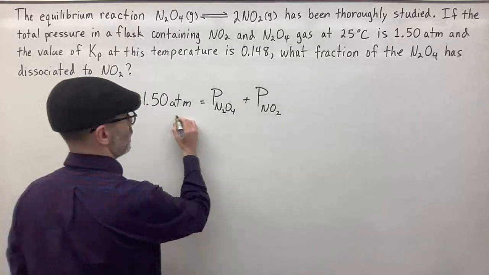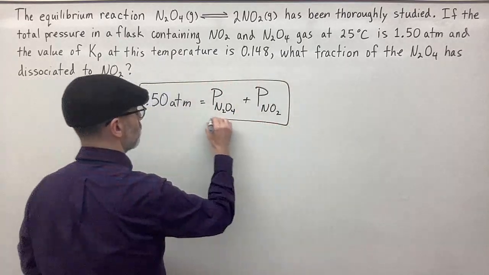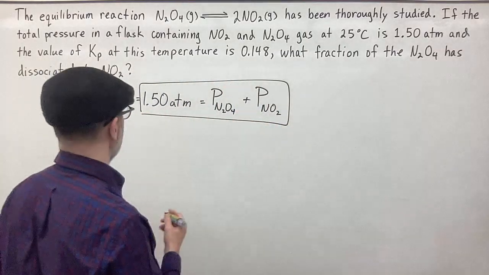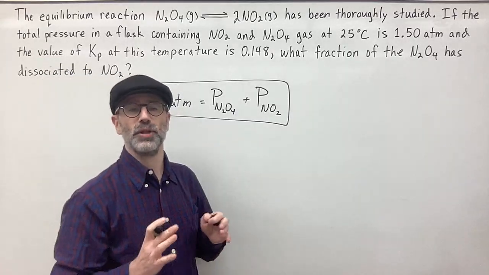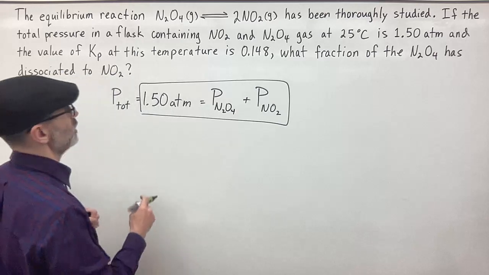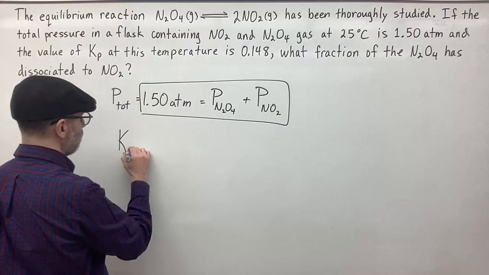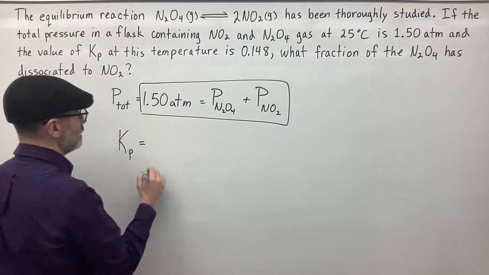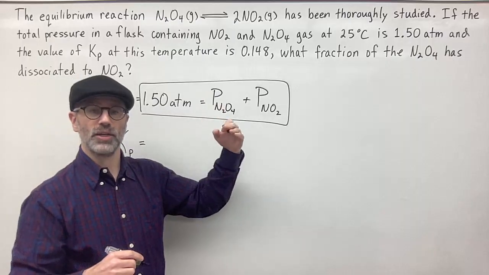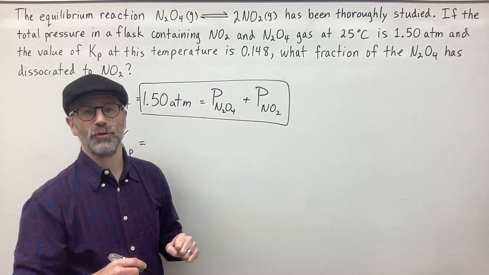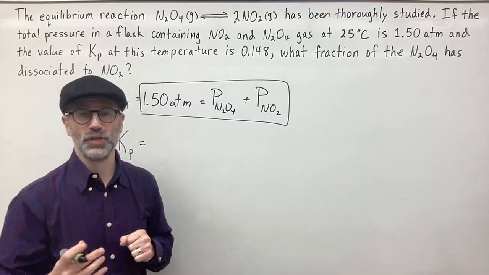So we have this relationship here. And then we need our expression for the equilibrium constant for this reaction. So if we write that out, we have Kp is equal to the pressure of the products over the pressure of reactants raised to their stoichiometric coefficients.